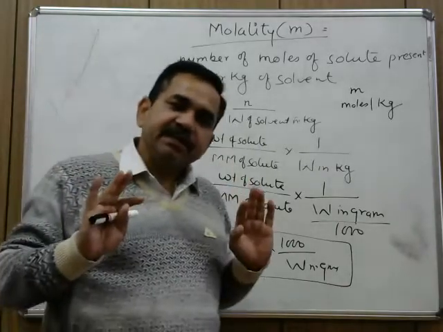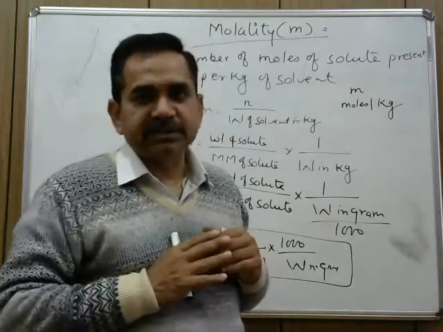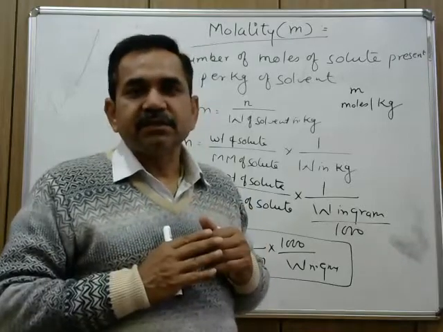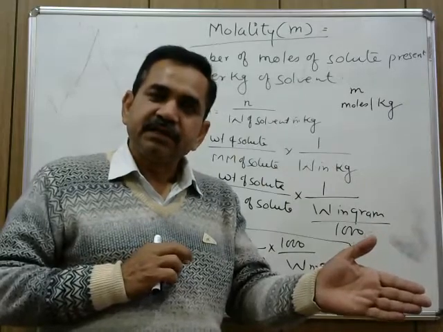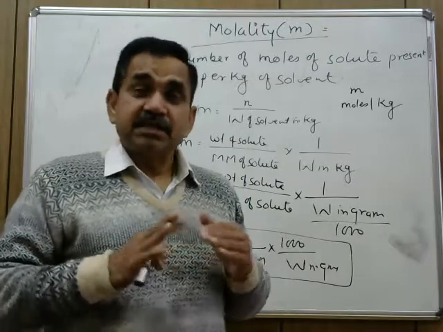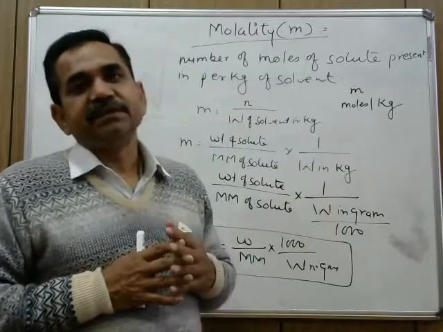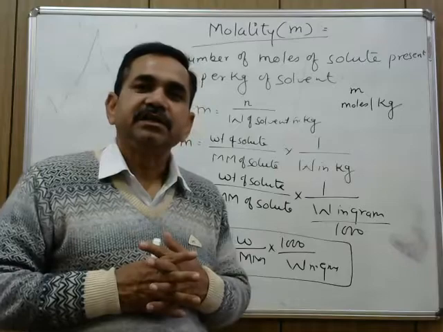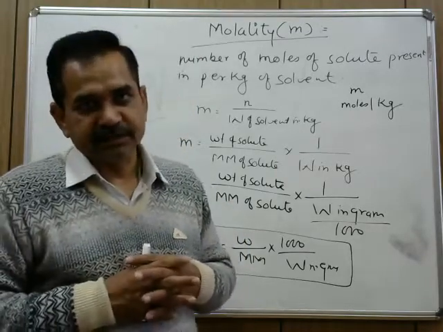In a similar way, if we say 2m solution, bimolal solution, it refers to 2 moles of a solute dissolved in 1 kilogram of solvent. Similarly, if I say 0.5 m, it means half mole of solute is dissolved in 1 kilogram of solvent.